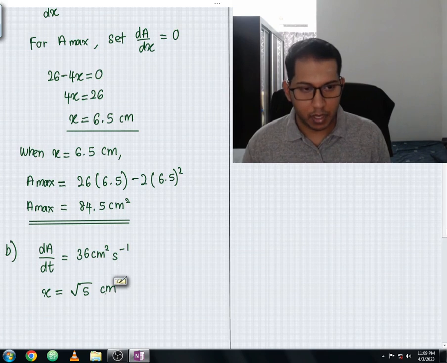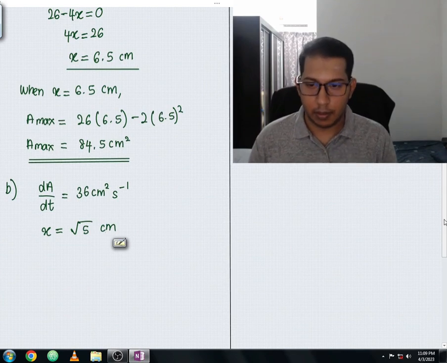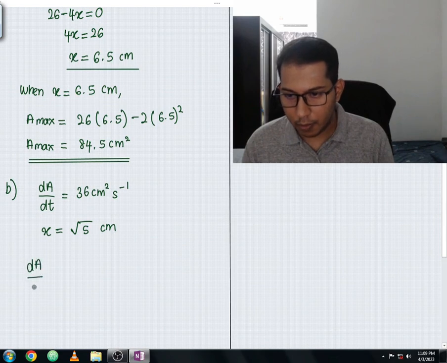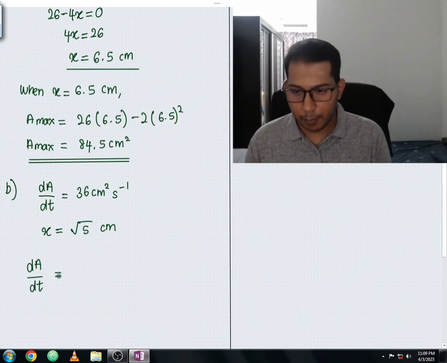Okay, so from here we are going to form a chain rule of dA with respect to dt. So how are we going to form a chain rule for this expression, dA over dt, area with respect to time? So dA we're going to place at the numerator, whereas dt we're going to place as the denominator, at the right side.